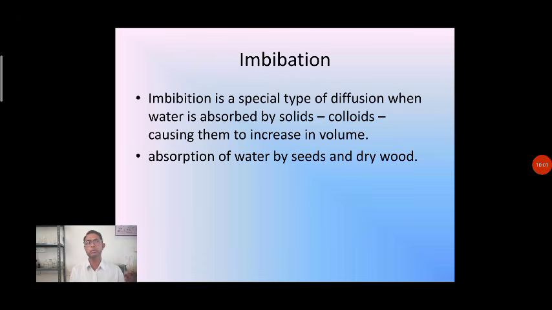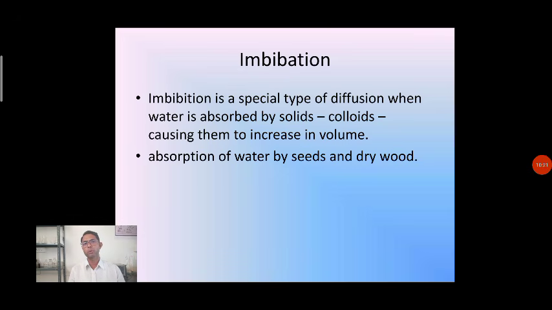Likewise, cell to cell movement of water molecules will take place, and this is done with the help of osmosis, diffusion, imbibition, and plasmolysis. So these are the processes depending on the different types of situation.